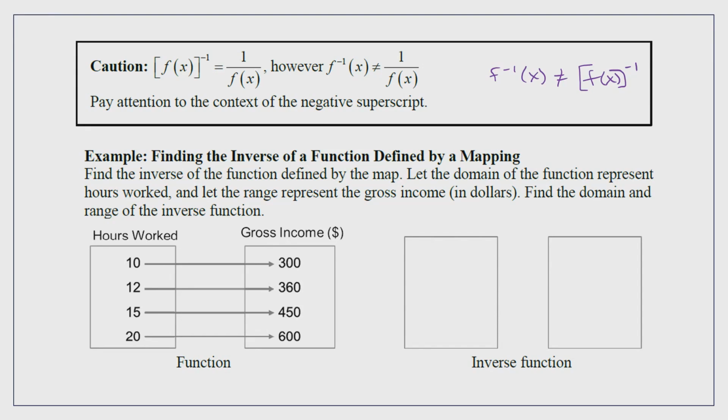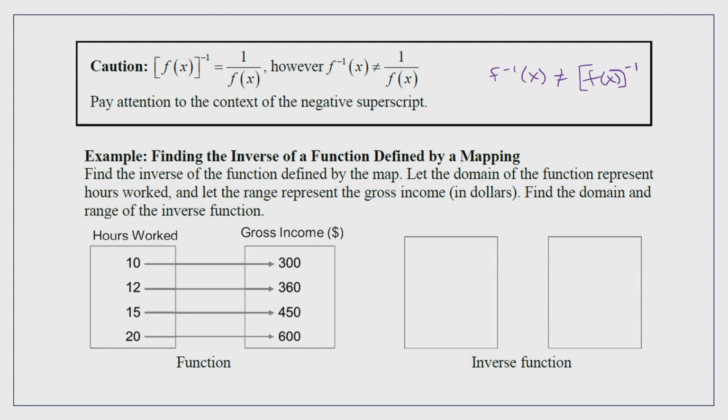So in our example here, we're asked to find the inverse of the function defined by the map. Let the domain of the function represent hours worked, and let the range represent the gross income in dollars. Find the domain and range of the inverse function.